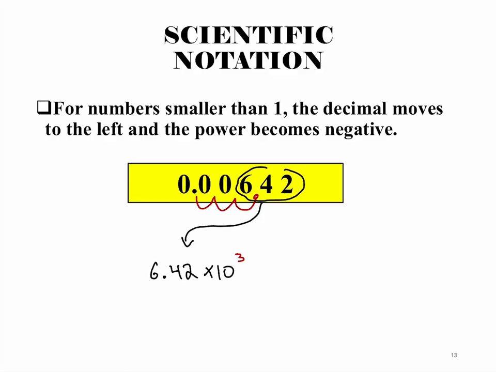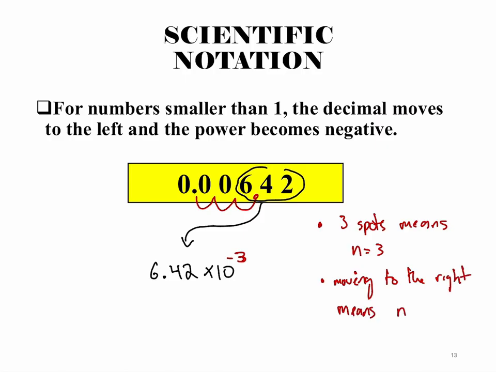So now that's going to be 3, except this is a small number, right? So that means that it should be like dividing by 10. Every time we move the decimal spot to the right, it's like multiplying it by 10, which means that this has to be a negative. All right, so 3 spots means n equals 3, and then moving to the right means n is going to be less than 0.